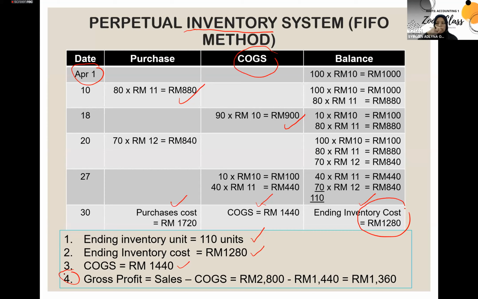Okay, so this is the table that you need to prepare every time we are doing perpetual inventory system. Yang ni yang madam cakap tadi tu, kita akan update kita punya inventory every time there is transaction. So you memang sentiasa tahu berapa baki inventory yang ada dalam simpanan. Okay, alright, ni contoh.